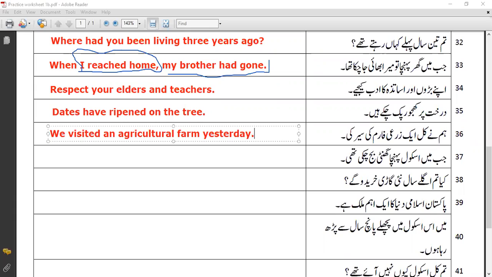Okay, yesterday. And if you're writing visited, then I think you don't need to write picnic separately. Visited, sair ki, this verb for sair ki over here is visited, and it seems fine. If you have anything else in your mind, you can share. What I feel here is visited. Visited seems fine, because in the previous sentence they had written हम कल एक जरी farm की सैर को गए.